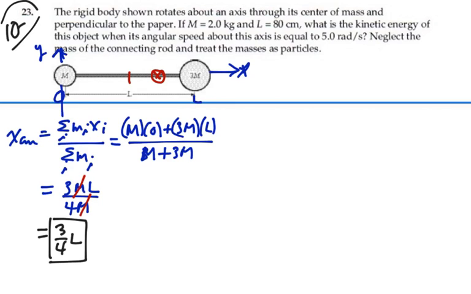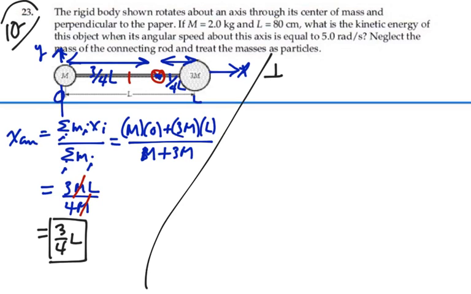Hence, our mass m is going to be 3/4 of an L away from that axis, and our mass 3m is going to be 1/4 of an L away from that axis as it rotates around that axis.